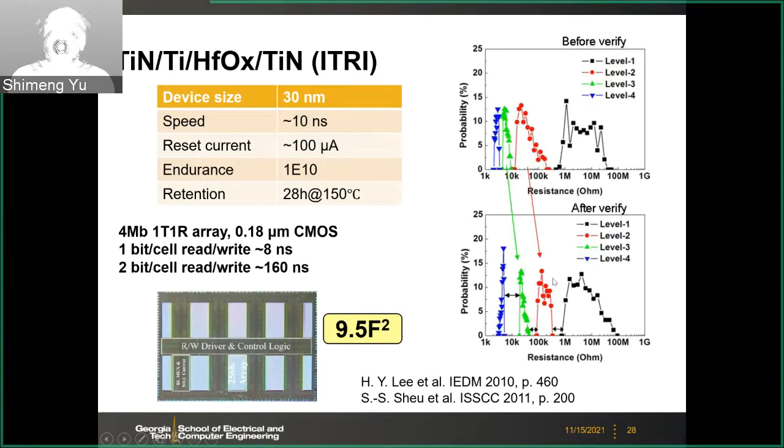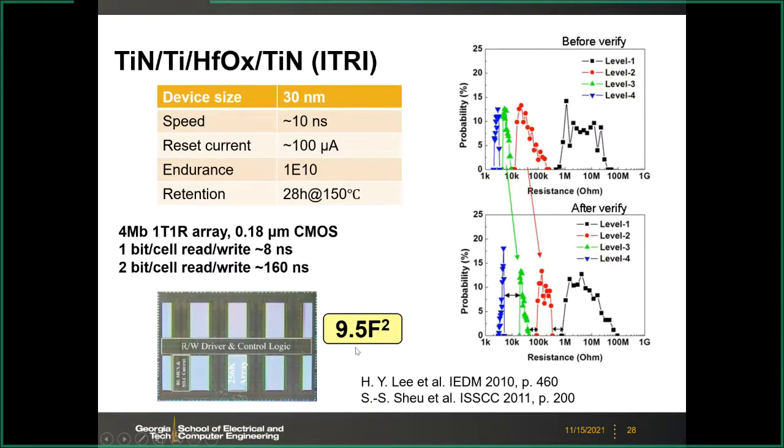The reason is that they need to do write and verify, similar to flash, where you do ISPP. Because of the variation, the resistance of those 4 levels may have overlap. So you have to program and then read and then reprogram to create the gap between those resistance levels, so you can encode 2-bit data into those 4 levels.